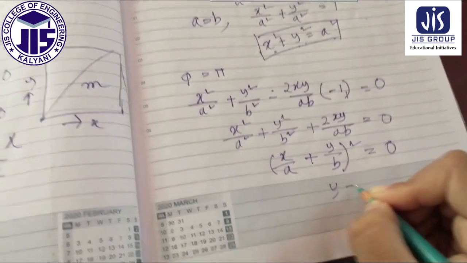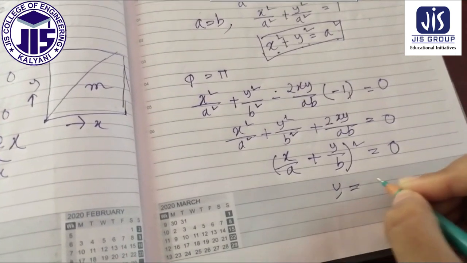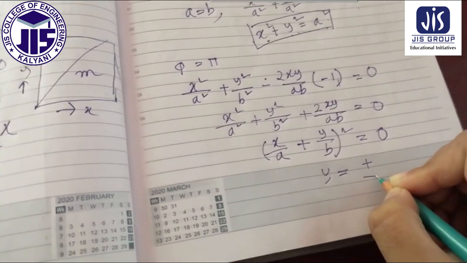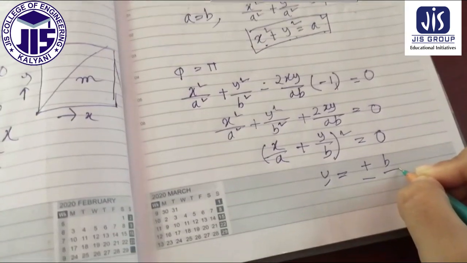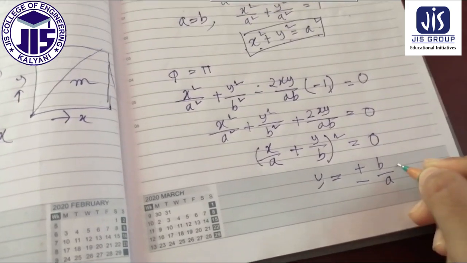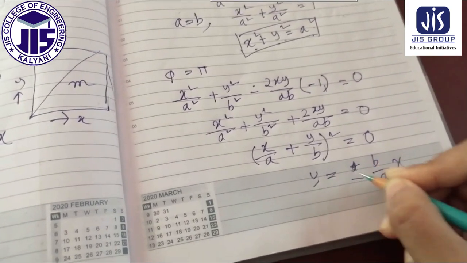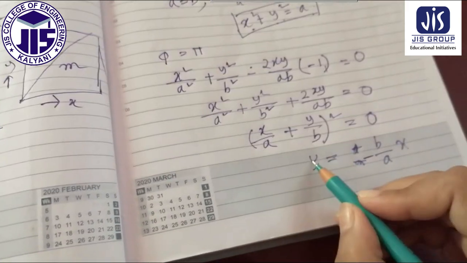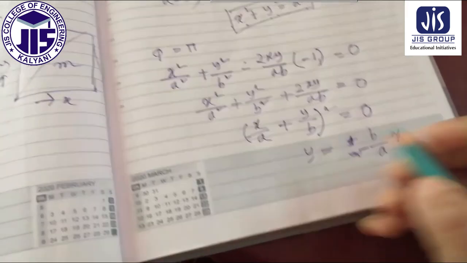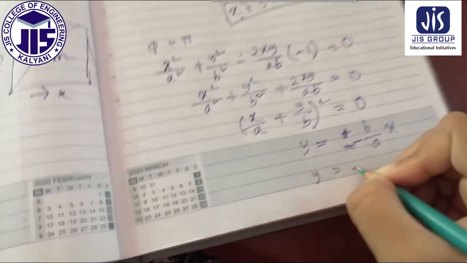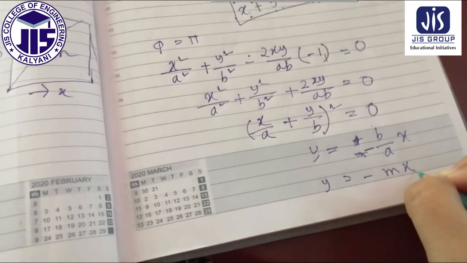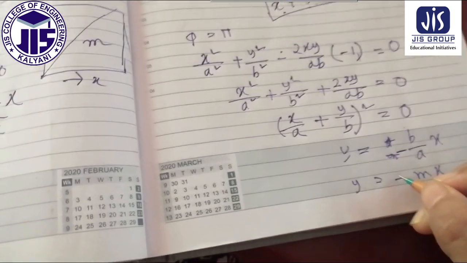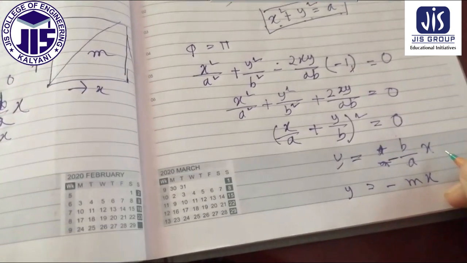Finally we are getting y equal to plus minus b by a into x. Actually there will be only minus. So y equal to minus b by a x. That means y equal to minus mx, where m is the slope and the negative value means it has a negative slope.